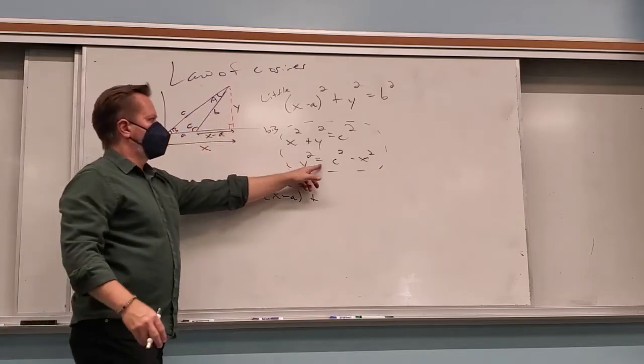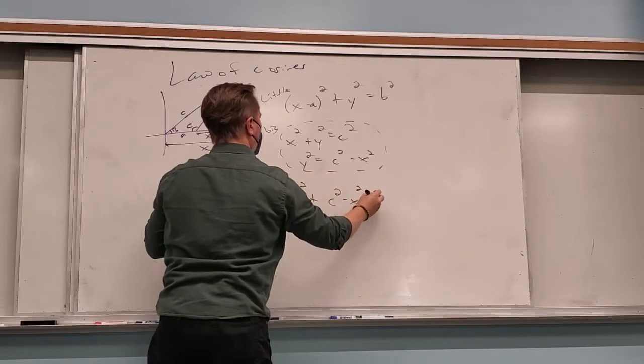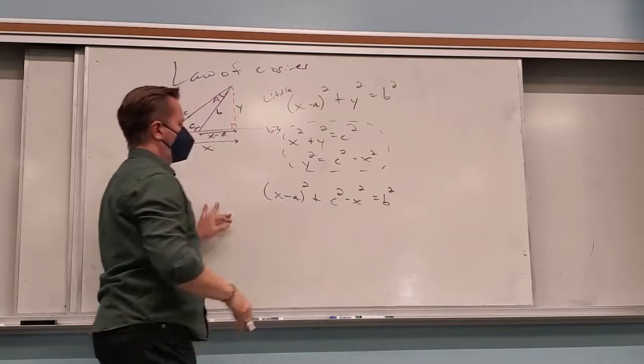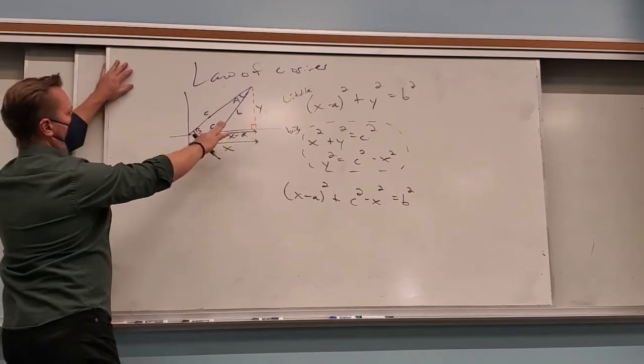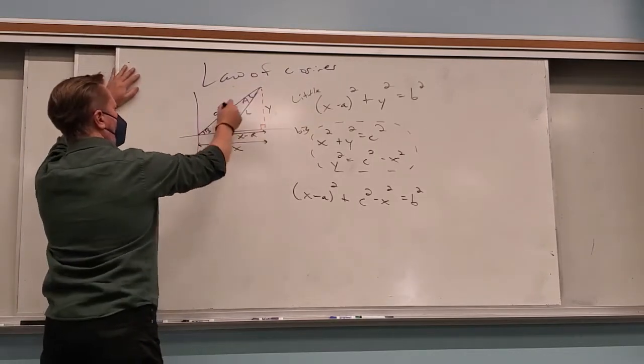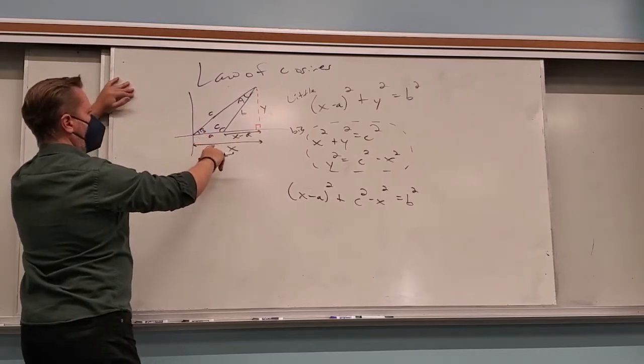So I know that y squared is this, so I can replace it here if I wanted to. Okay. What else can I say here? Let's see. Can I use some trig in this big triangle here? How can I use angle B in a few different ways?